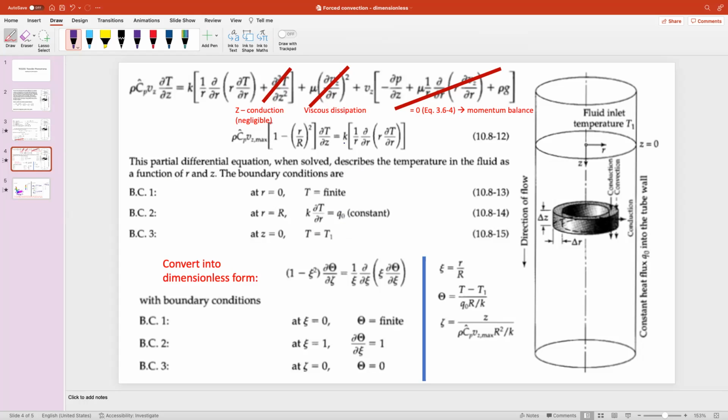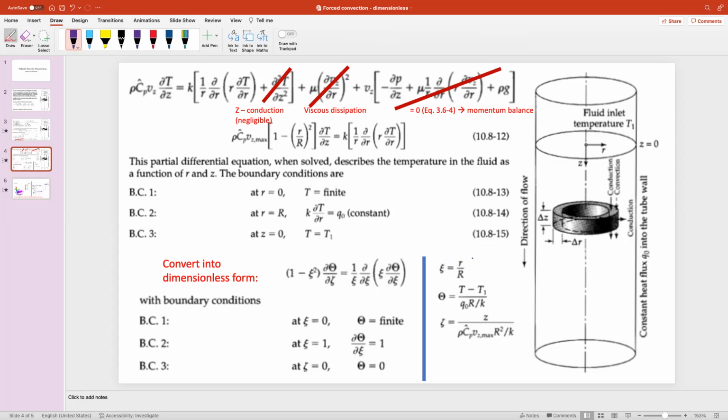So for example here we have zeta, or epsilon, this number here would be equal to r divided by capital R.